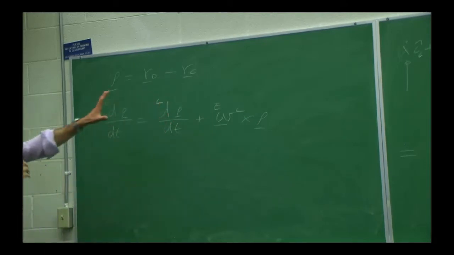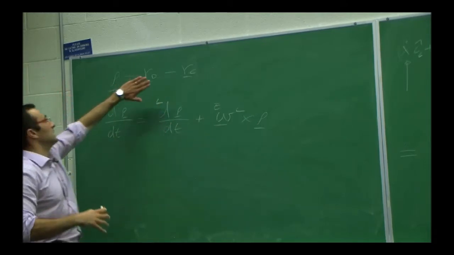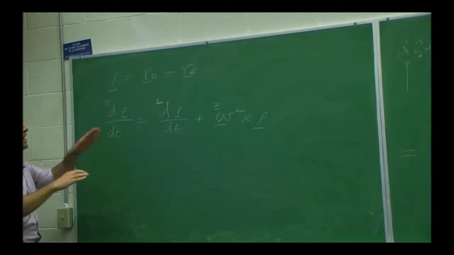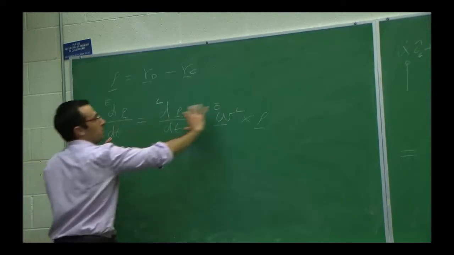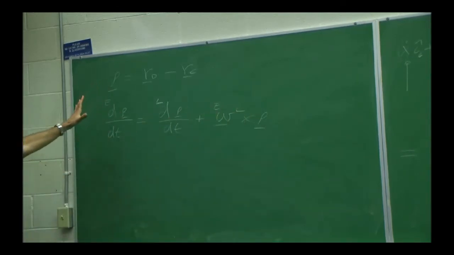We agree on this? Forget what raw is. It's just a vector, a random vector, this doesn't even exist. For any vector that I can give you, if I have two observers involved, I can always write the transport theorem. This is the very generic expression that I have, right?